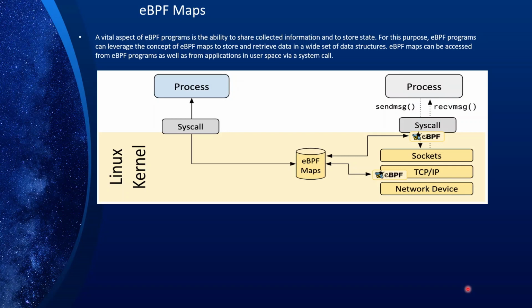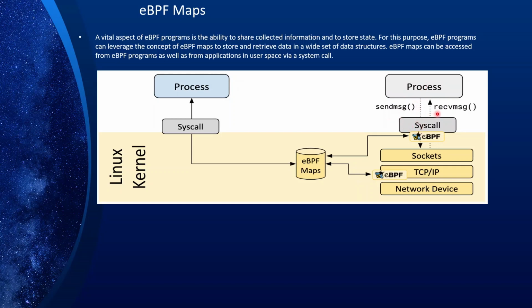So this is a view of what we are talking about. We have various eBPF applications inside the kernel that can write to various different maps as they gather information, and they can also share that information through system calls with other applications.